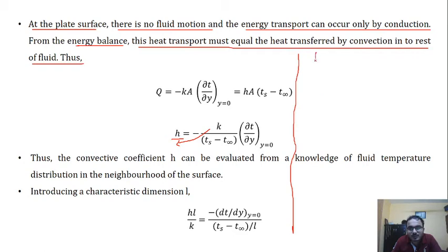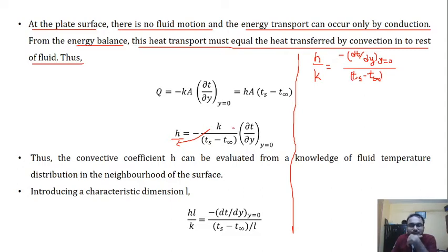In this equation it is h over k equal to minus dT over dy, where y equal to 0, divided by Ts minus T infinity.